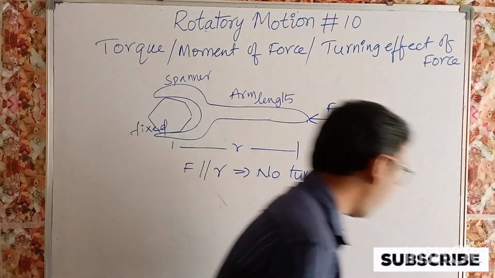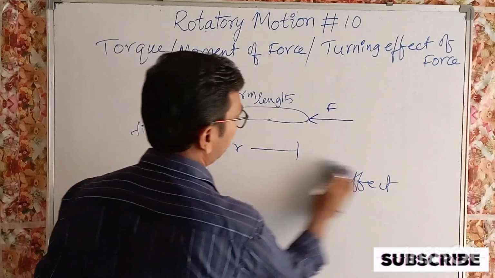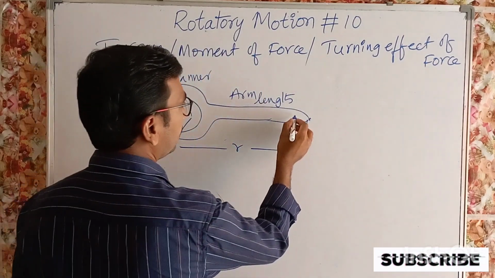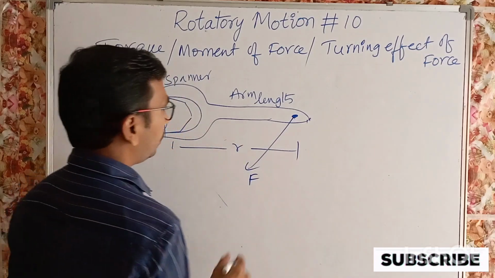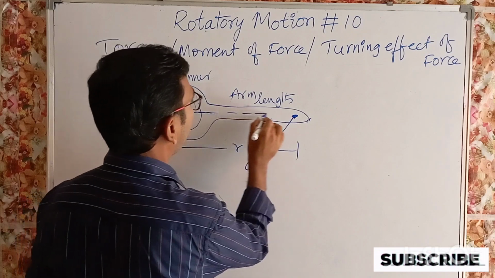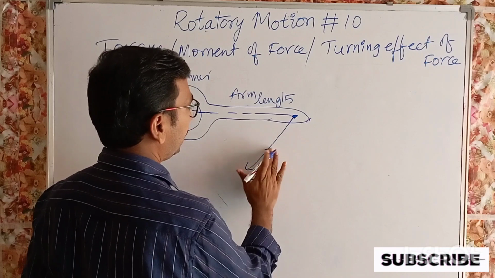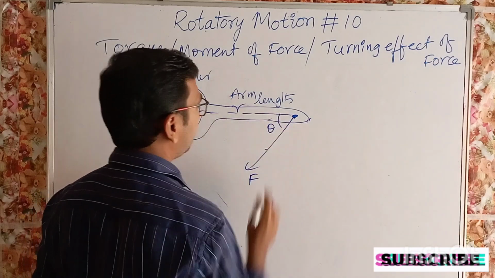In case the applied force makes some angle with the arm length, the applied force acts like this, F. This is the reference line, this is the axis of rotation, and this is the arm length R. The force makes an angle theta with the arm length.